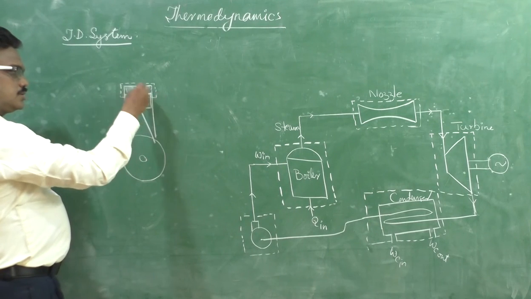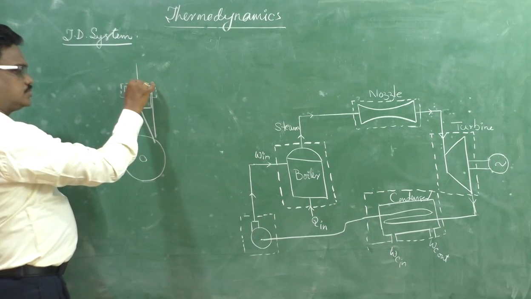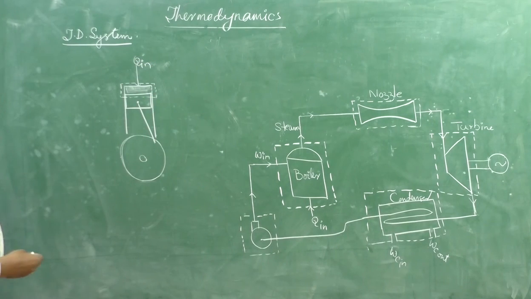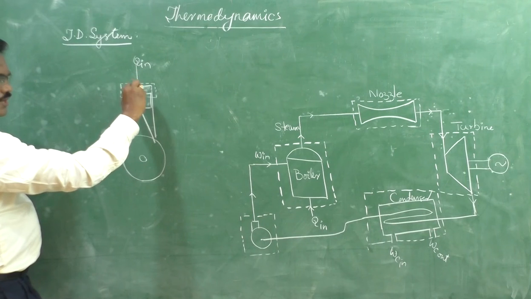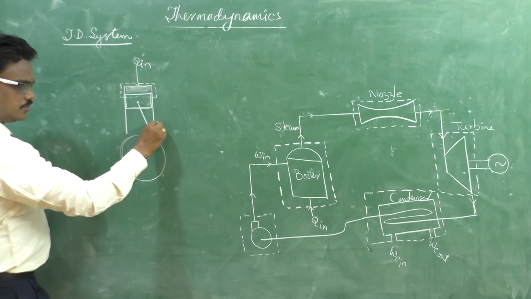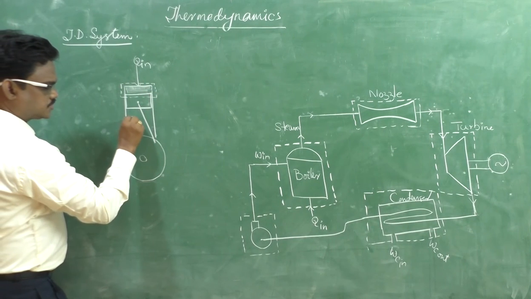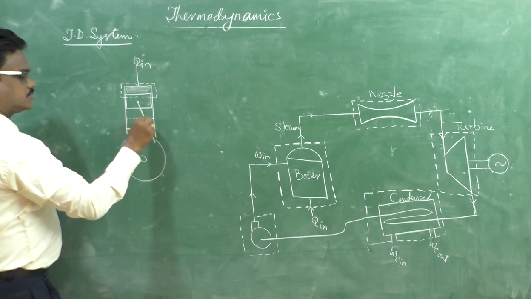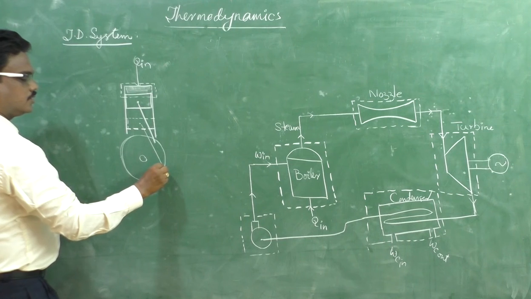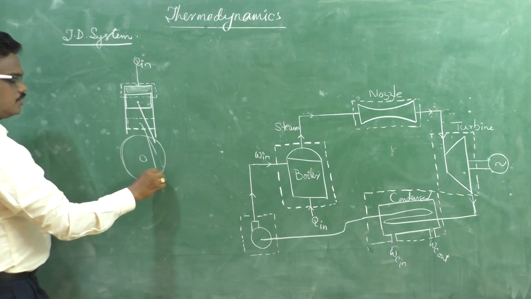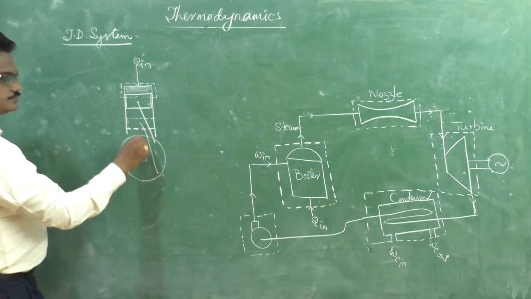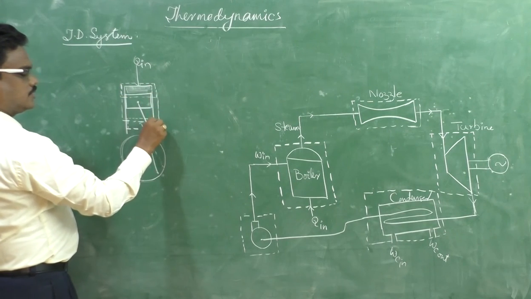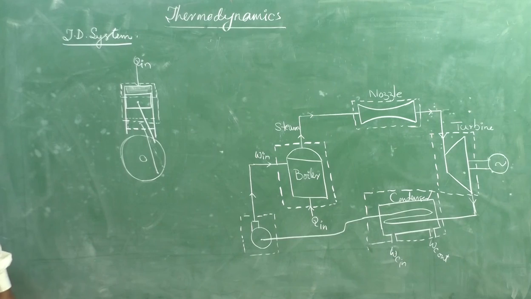Right? Suppose a hot body comes into contact with the air, then it will cause it to expand. When it expands, the piston moves downwards. Suppose the piston moves up to this portion, this is the position now, right? When it moves down, the boundary we consider, up to this we need to consider, right?